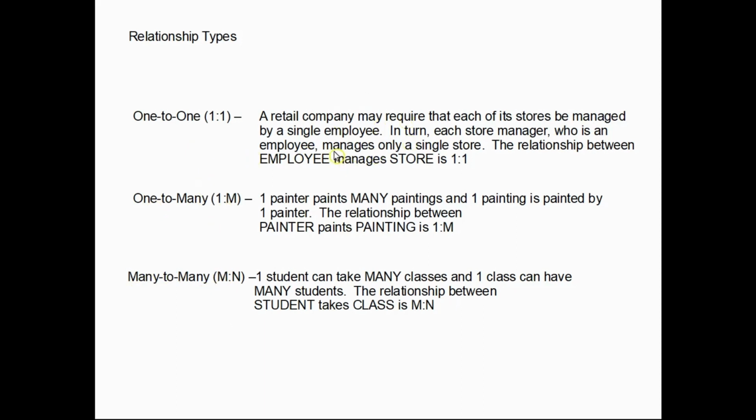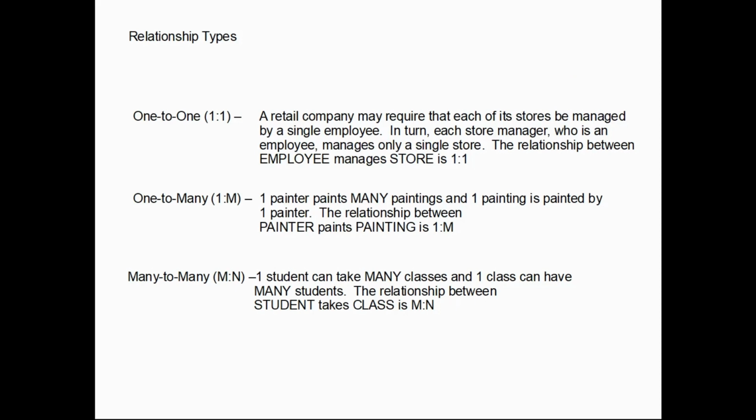I'm going to read off a description or a sample of each one, and then I'm going to show you how they work. A one-to-one: a retail company may require that each of its stores be managed by a single employee. In turn, each store manager who is an employee manages only a single store. The relationship between employee manager store is one-to-one.